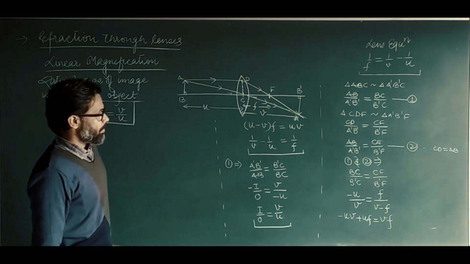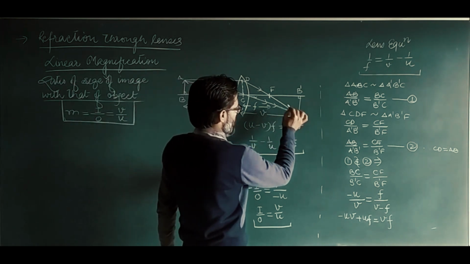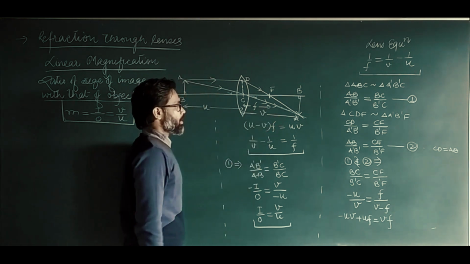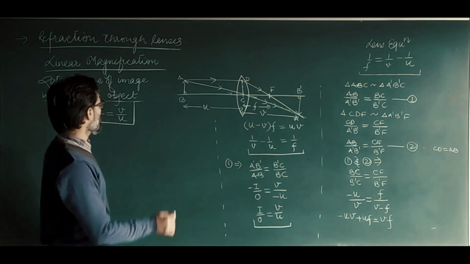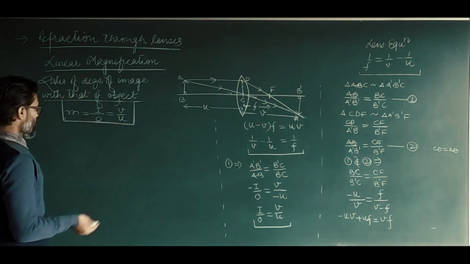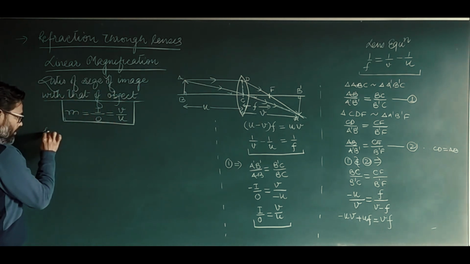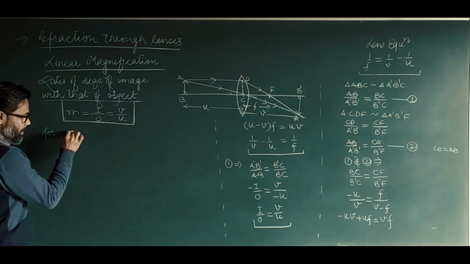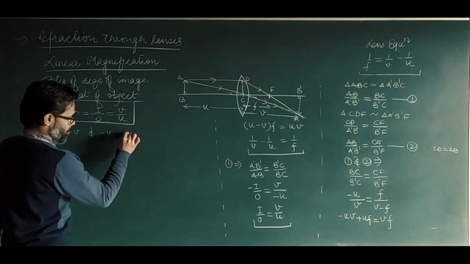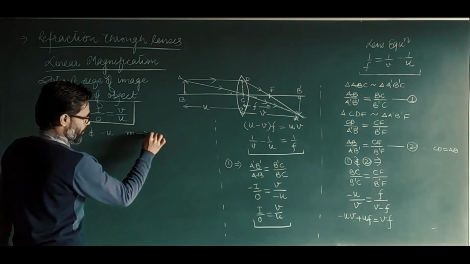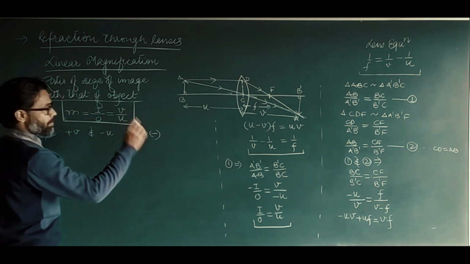So here just check the sign. If V is positive and U is negative, then in that condition M will be negative. For positive V and negative U, M will be negative.